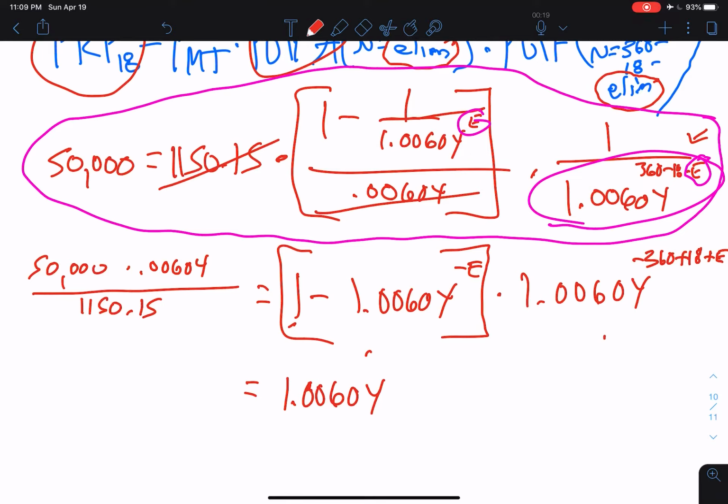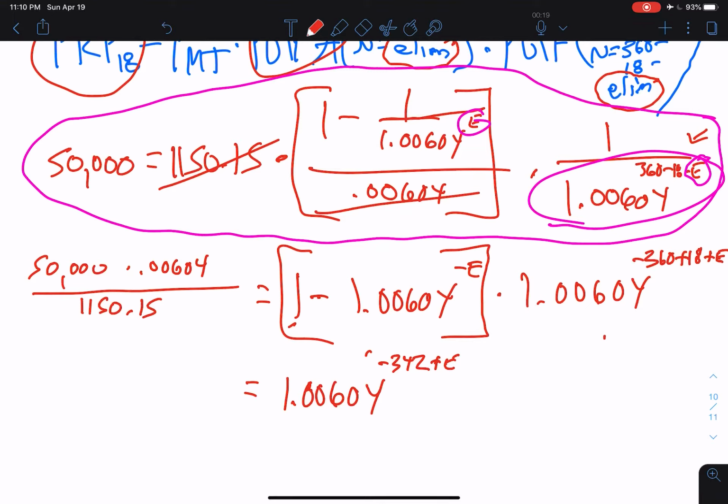To the, well, I'll lump the minus 360 and the plus 18. I'll say minus 342 plus E. And then minus, well, we have the same base here, 1.00604, and when we multiply two terms that have the same base, each base having an exponent, we add the exponents.